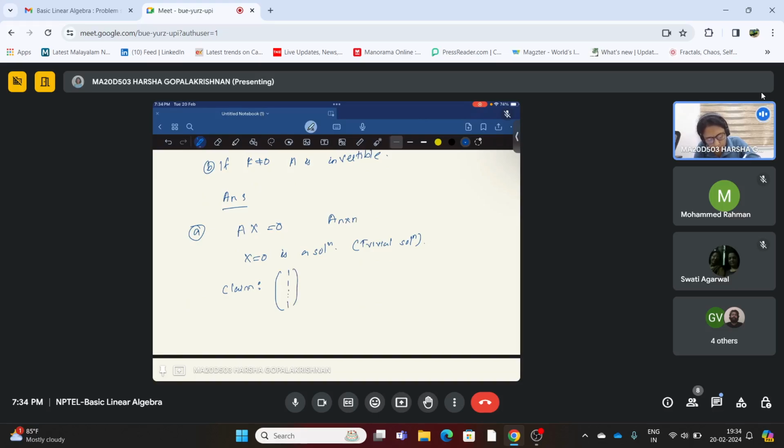I claim that the column 1, 1, ..., 1, which is n by 1, is a solution of Ax equal to 0. Is this true? Why am I claiming that it is a solution?